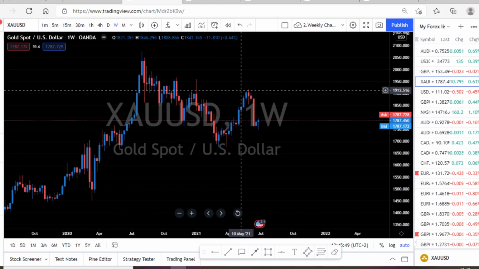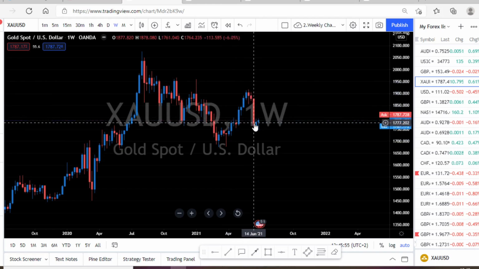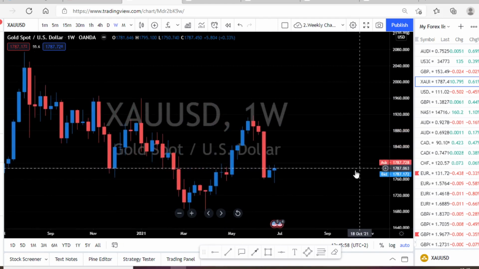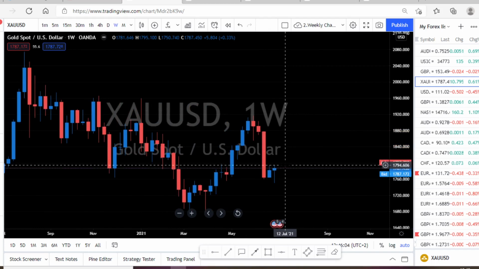Then the price attempted to push up, and we had a pullback. This is where we were last week. We wanted the next candle to break above and close above, so that we can get a confirmation that the price will move up.